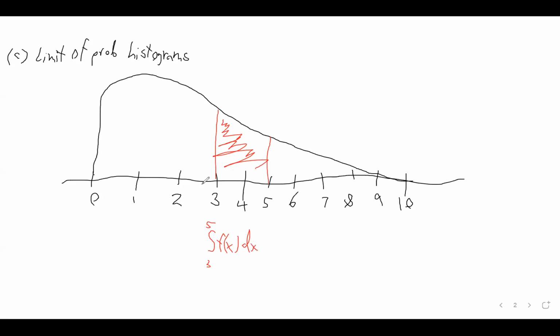Does that make sense? Yeah. Okay, so that's what we're doing. We're saying that the probability of an interval, a range of values of your continuous random variable, is the area under this PDF, which is gotten by the limit of those probability histograms. Yeah, now it makes sense. Oh, okay, good.